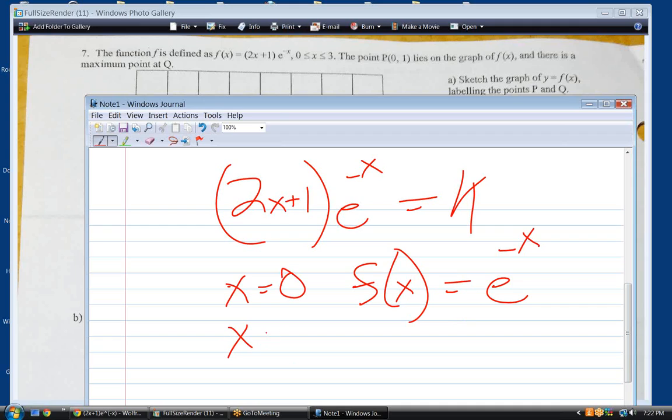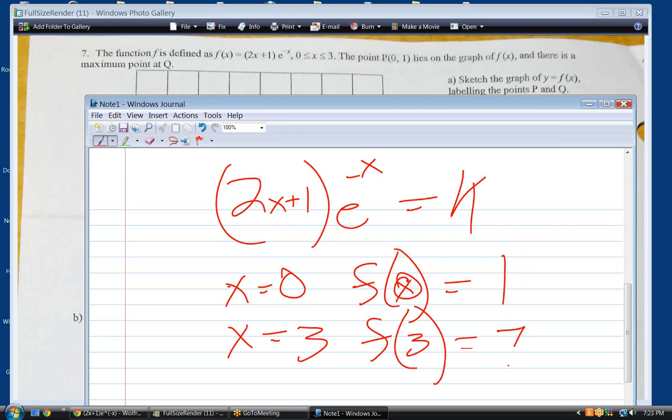When x is 3, actually, wouldn't it equal 1, since e to the 0 would be 1? Yes, sorry, thank you. And then f of 3 would be 7 times e to the minus 3. Still don't know what they mean.